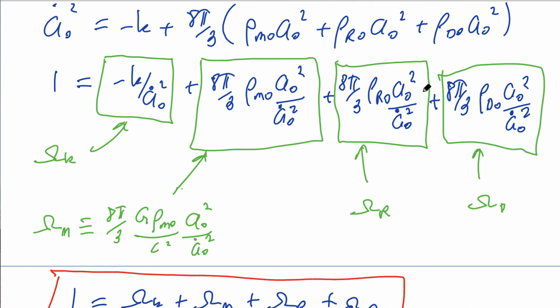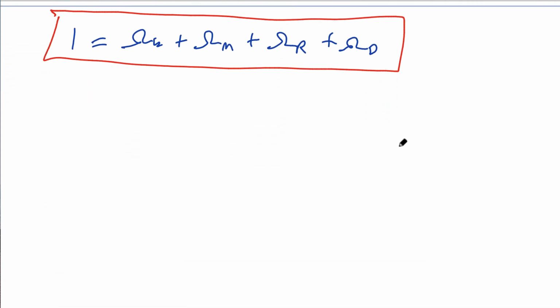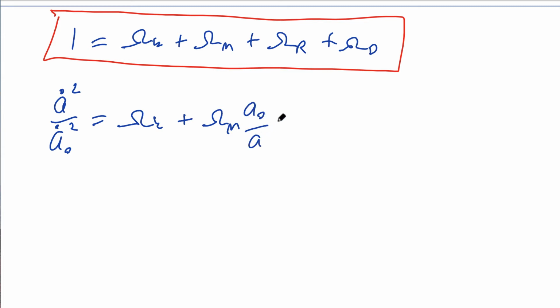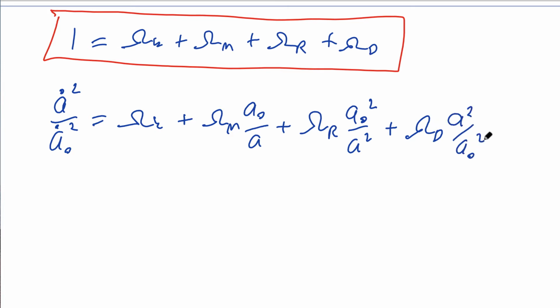And the result is a dot squared over a0 dot squared equals omega k plus omega m times a0 over a plus omega r times a0 squared over a squared plus omega d times a squared over a0 squared.